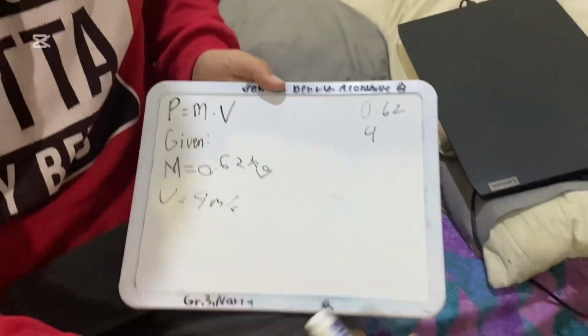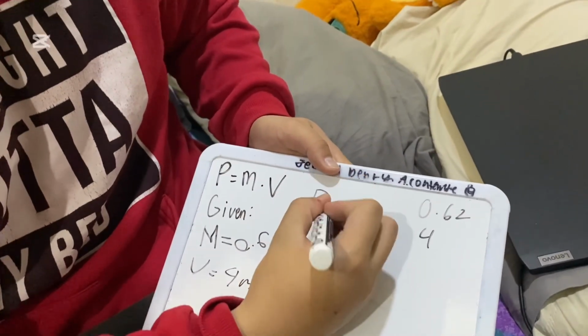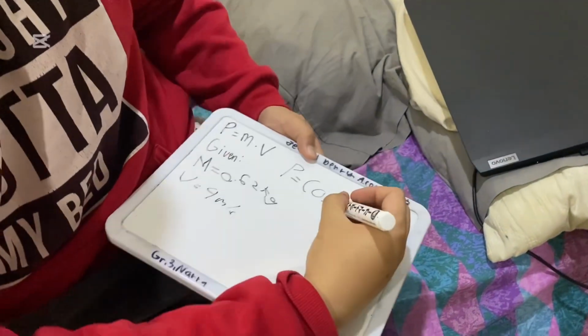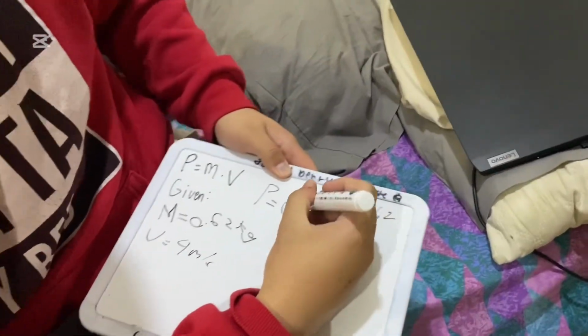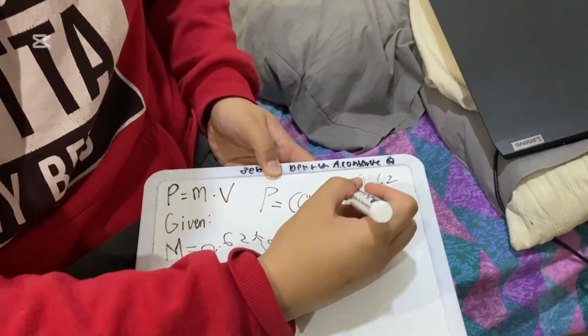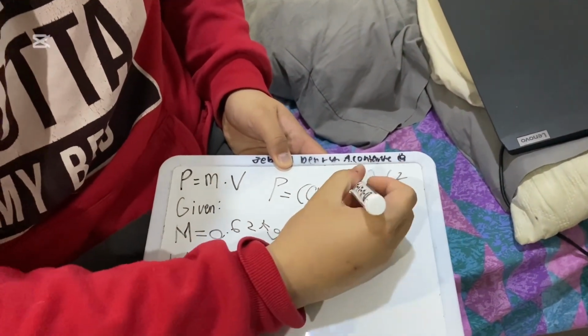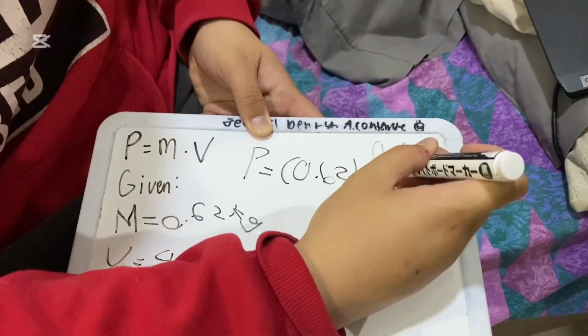Putting the formula together, P equals 0.62 times 4.